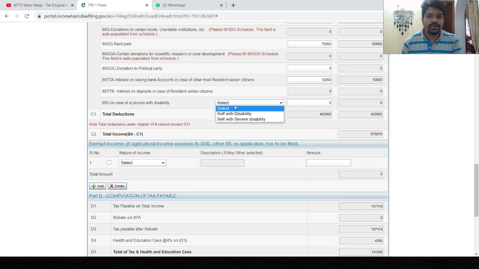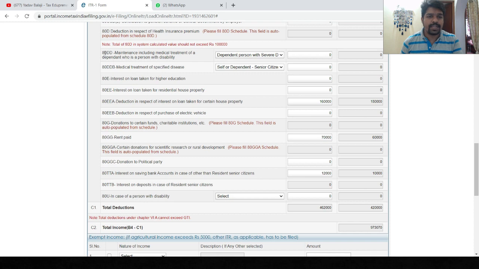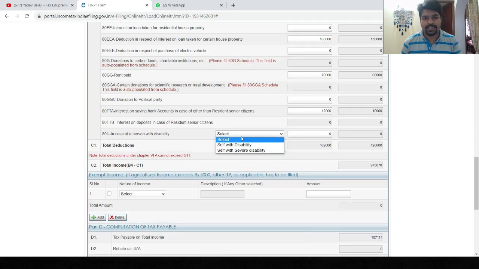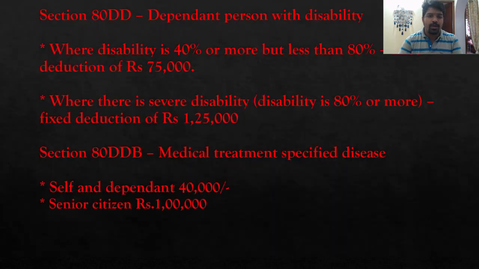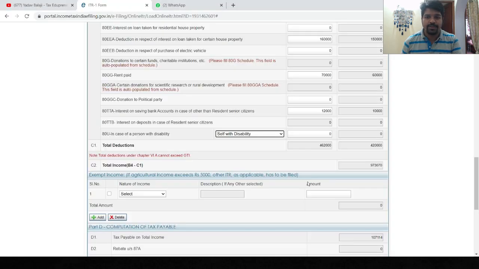And 80U, so 80U is also for disability. So what is the difference between 80DD and 80U? Here also disability is there, and 80U also is there. This is for a dependent and this is for the assessee. If I am facing any problem in my body, then if you see here 80U, up to 75,000 if it is normal, and if it is a serious case then up to 1,25,000.